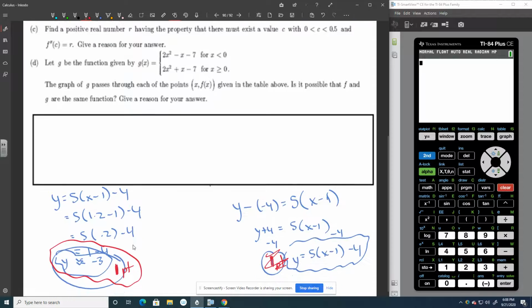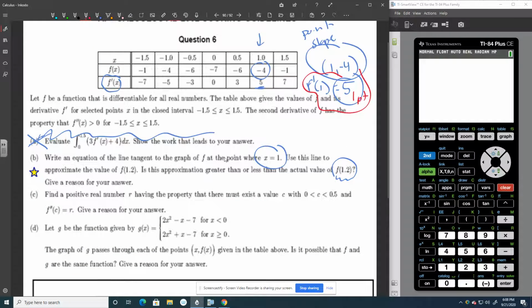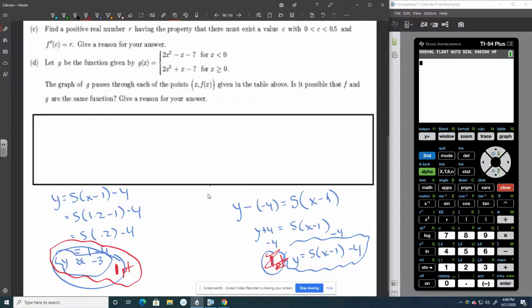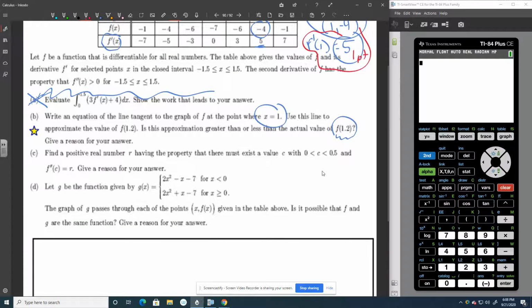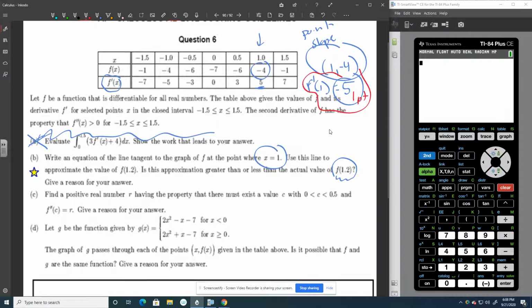Is this negative 3 an over approximation or an under approximation? Is it greater than or less than the actual value? Now, the way that you're going to have to figure that out is, remember, we're looking to find out if our original function was concave down, our tangent line would be an over approximation.